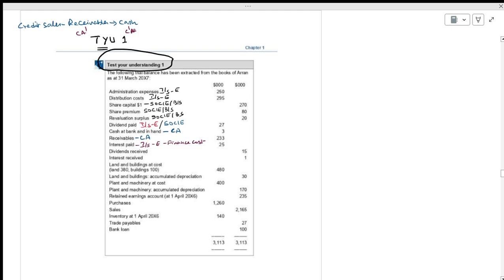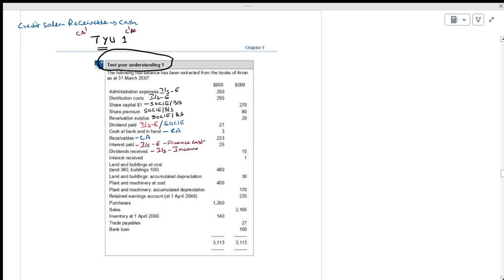Next, dividend received. You are receiving dividend. It is an income statement item. It is income.